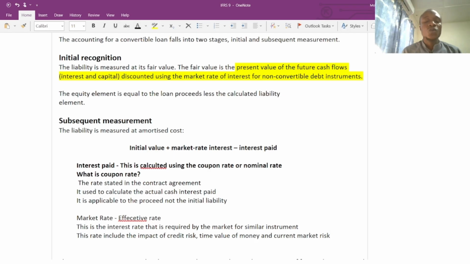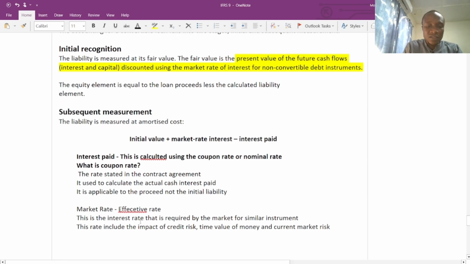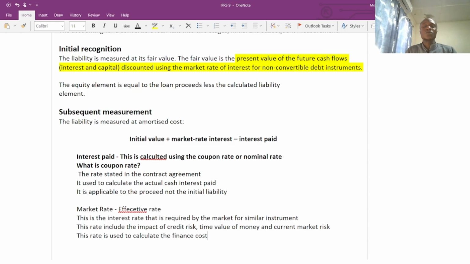Also, if you want to secure a similar instrument, you can use that rate on normal without the convertible option. So basically, we can use this rate to calculate the finance cost, and also it is used as the discount factor.